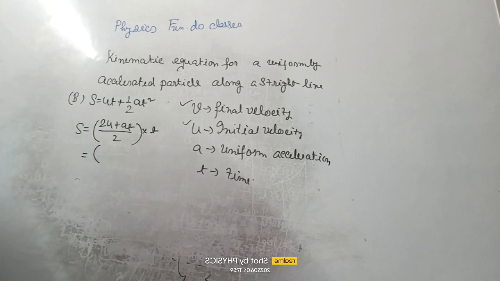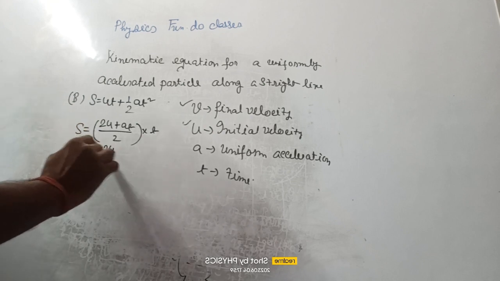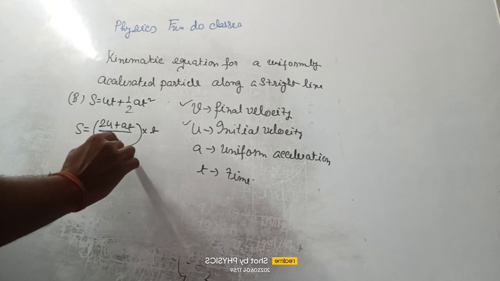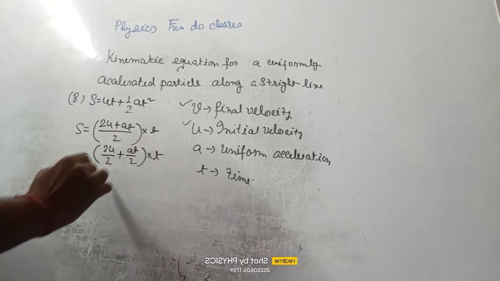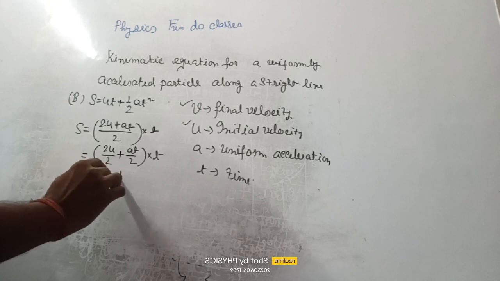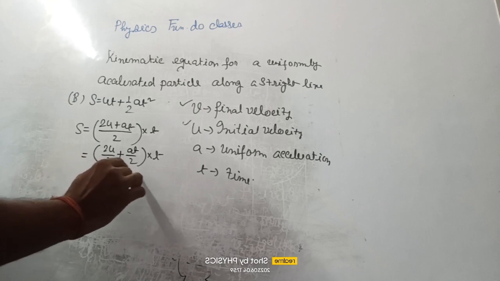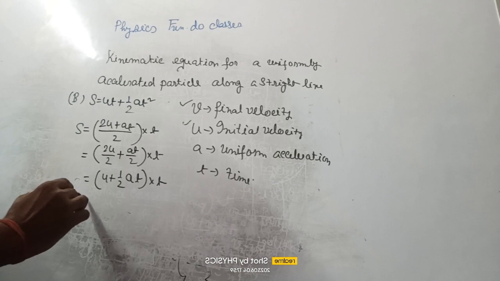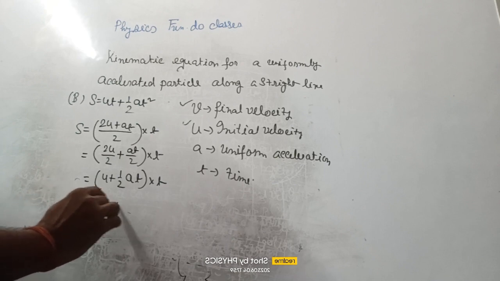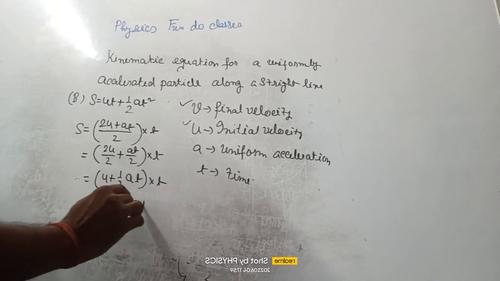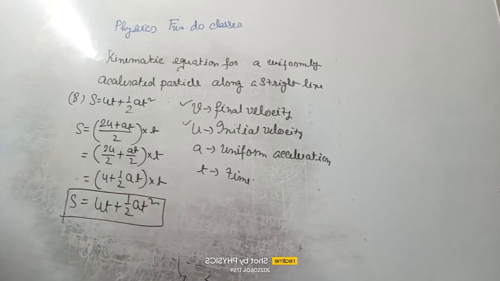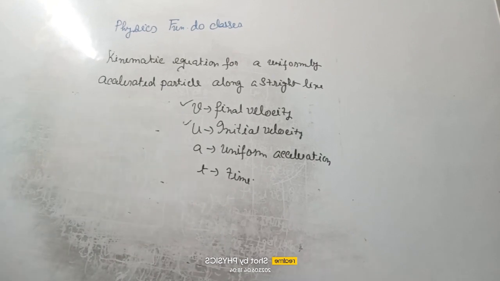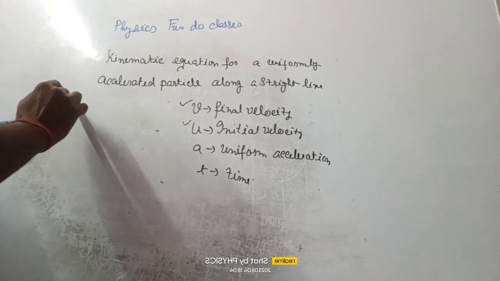Term by term, divide 2u by 2 plus at by 2, into t, that is equal to u plus half at into t, that is equal to ut plus half a t square. Equation proved.